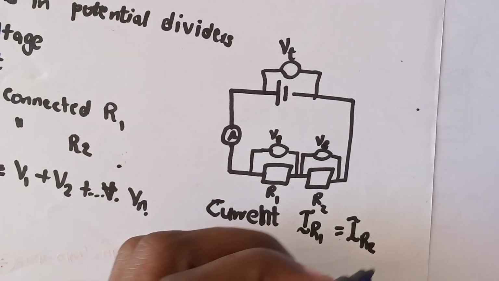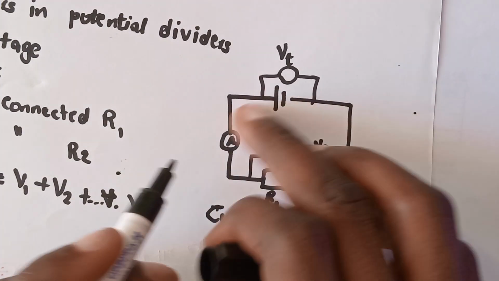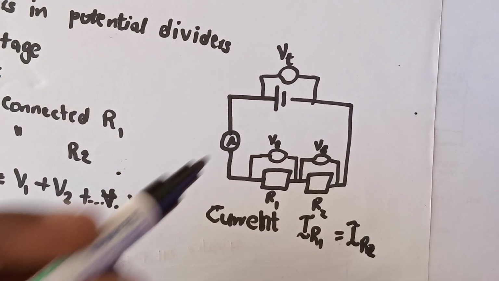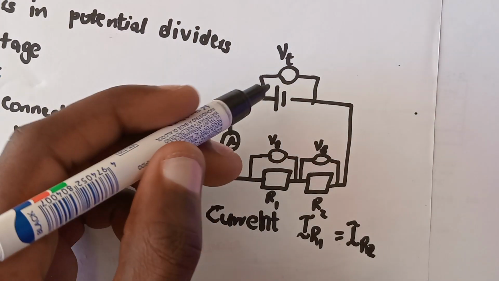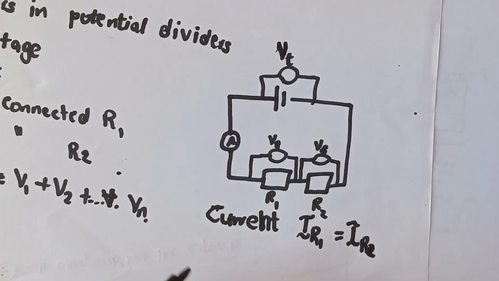Resistors connected in series only divide the potential difference, which here is V total.